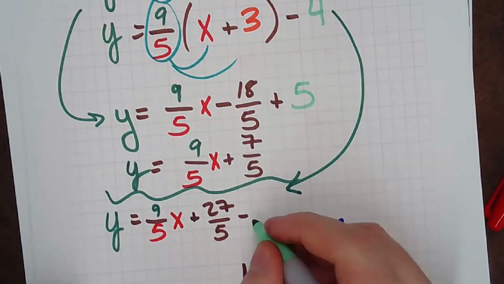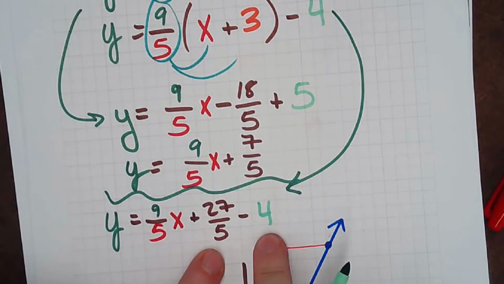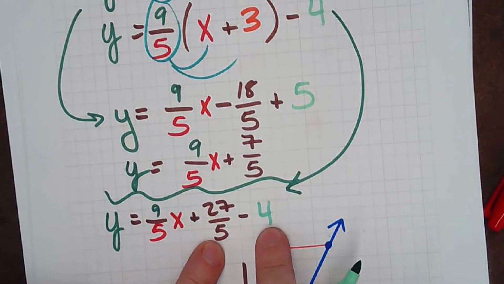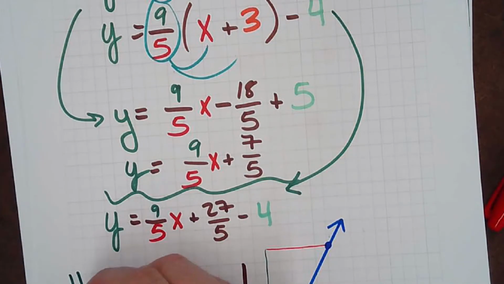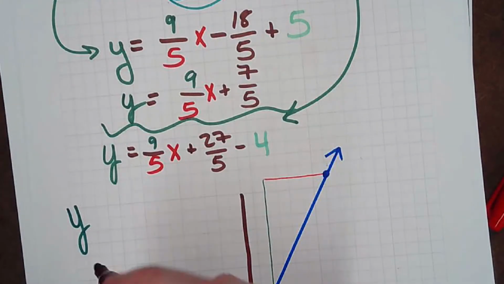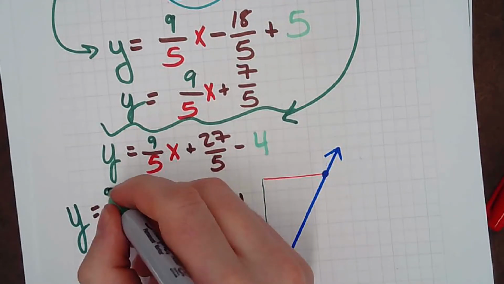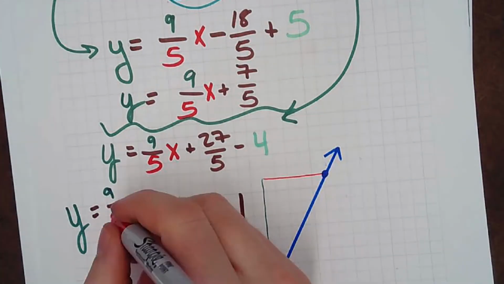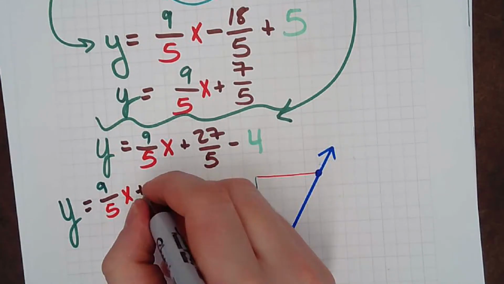So when we try to combine these, we have to think, how many fifths are in 4? Well, 20 fifths are in 4. If we have 27 fifths and we're subtracting 20 fifths, we get 7 fifths, same as the other guy. So when we write this all out, we get y equals, and I'll try to squeeze it in over here on the side of my graph, 9/5 x, and that's going to be a plus 7/5.